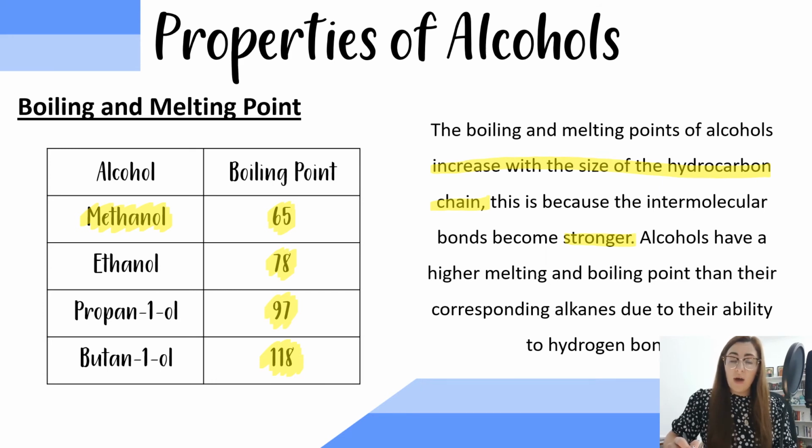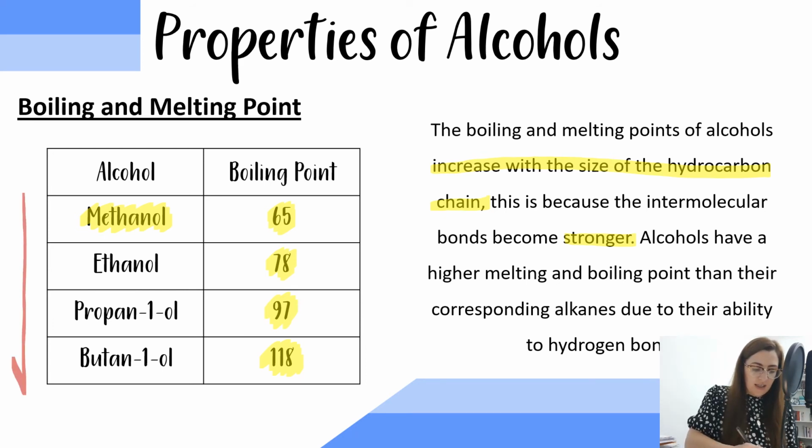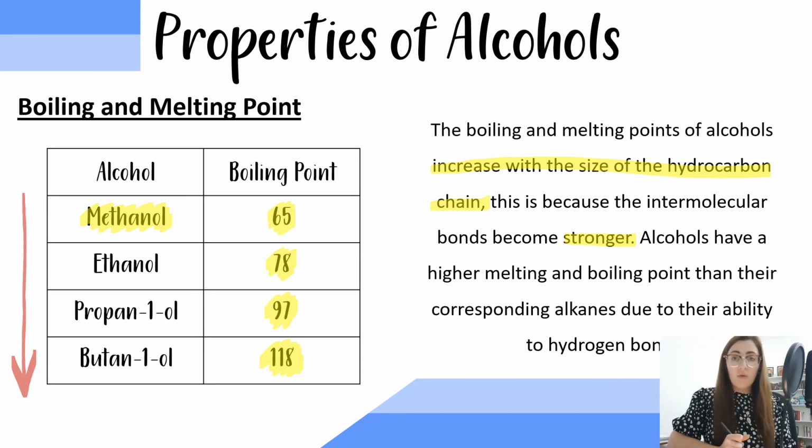So methanol will have a much higher boiling point or melting point than methane, sorry. If we are looking at alcohols on their own and we are looking at just increasing the carbon chain of the alcohol, we find that the boiling point increases because the molecule size is increasing, and that increases the strength of the intermolecular forces.